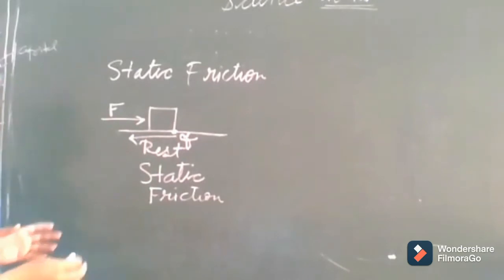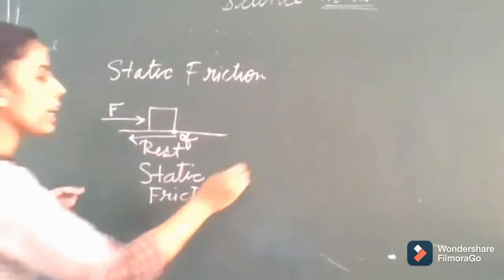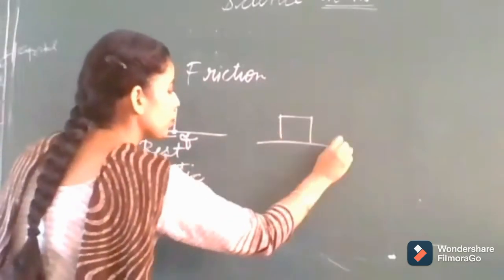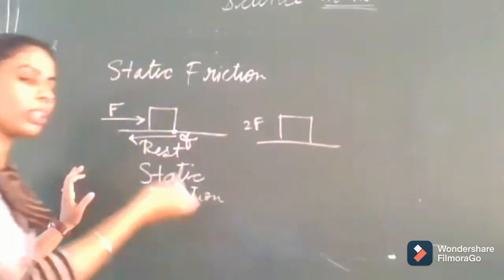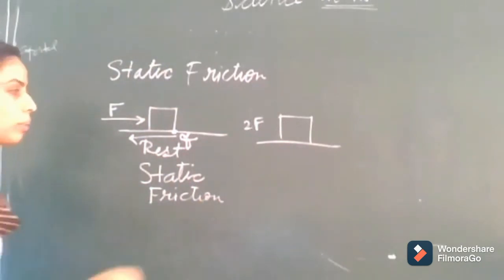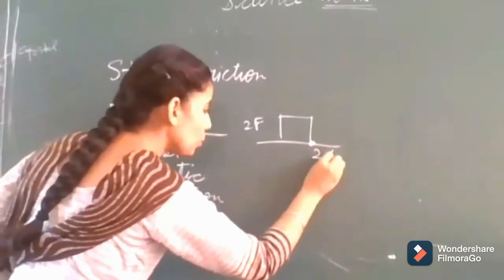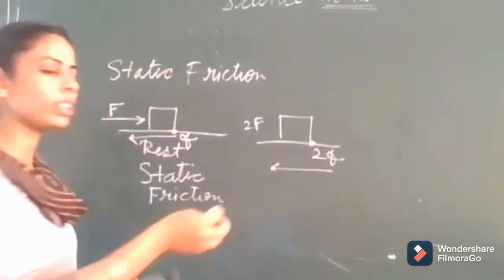Then what have I done? I have applied more force. Suppose that I have applied 2F. Still the box is at rest, it is not moving. So the friction is also applied. It is also 2F. So therefore the box is not moving.